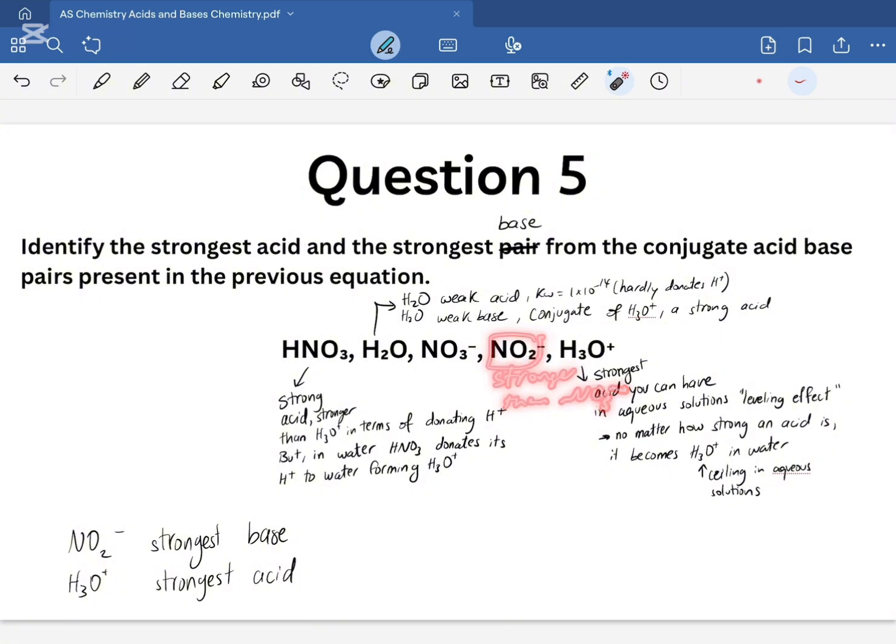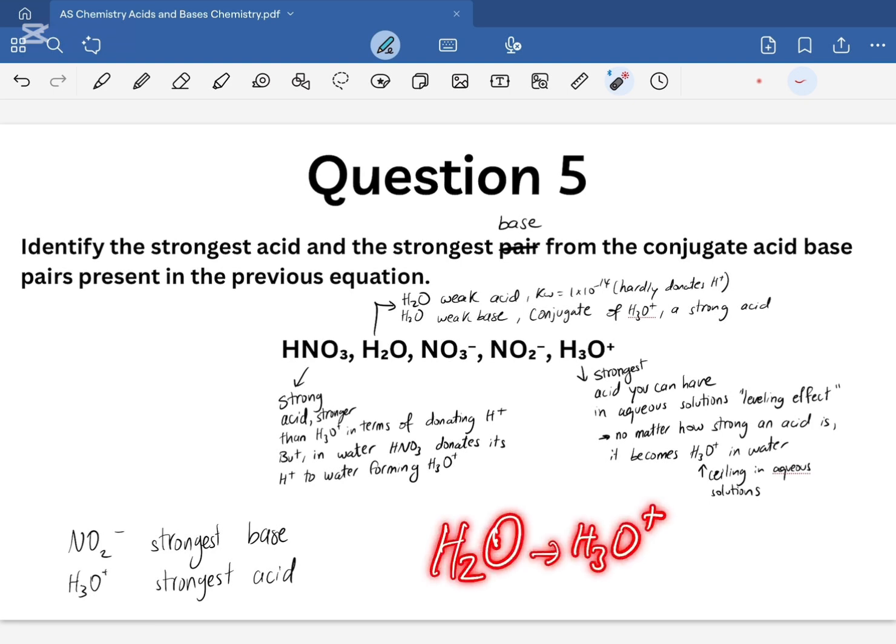It's even going to be stronger than H2O, as H2O is a weak base. The conjugate acid of H2O is H3O plus. This conjugate acid of H2O is a strong acid, and it determines that H2O is actually a weak base.